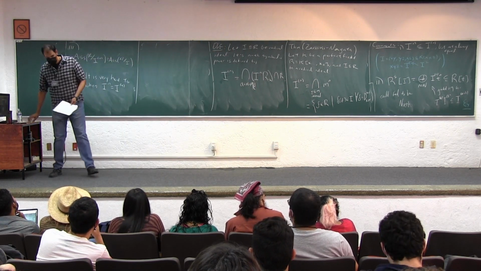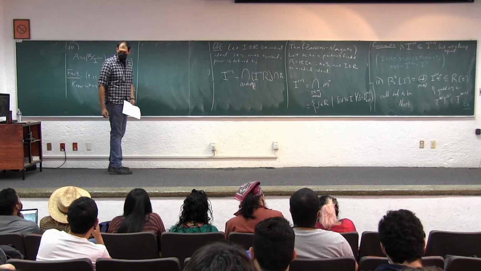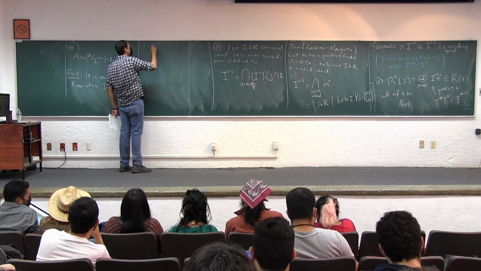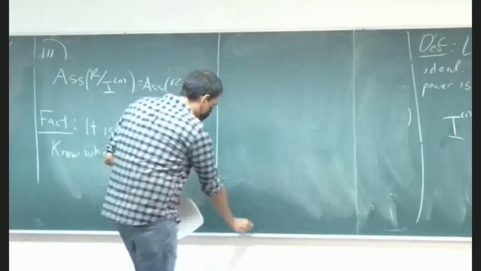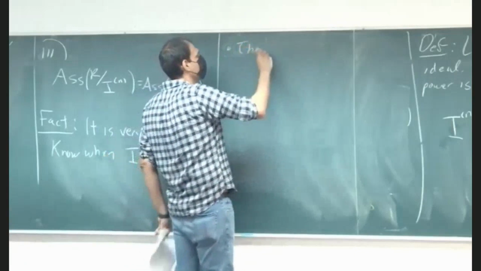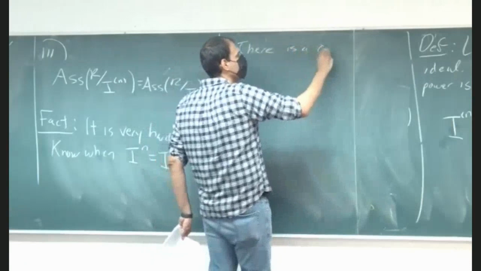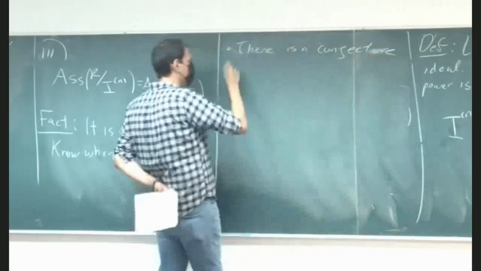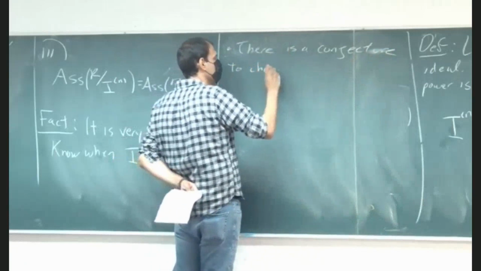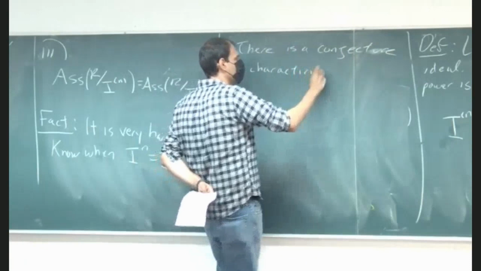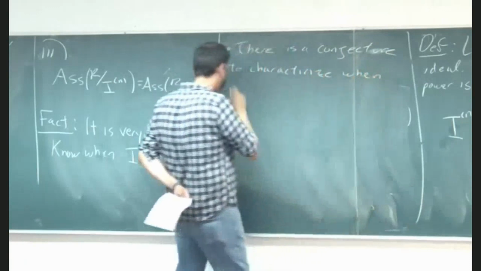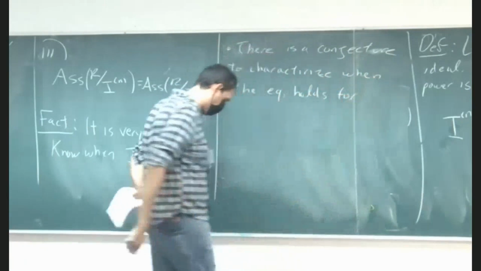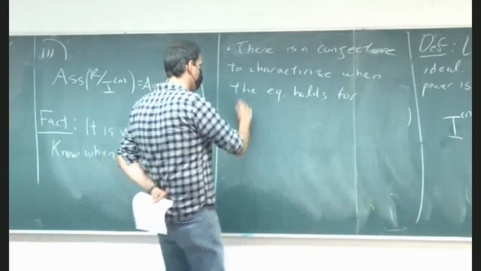In fact, there is, I think, a $20,000 prize for a conjecture. There is a conjecture about equality for square-free monomial ideals.